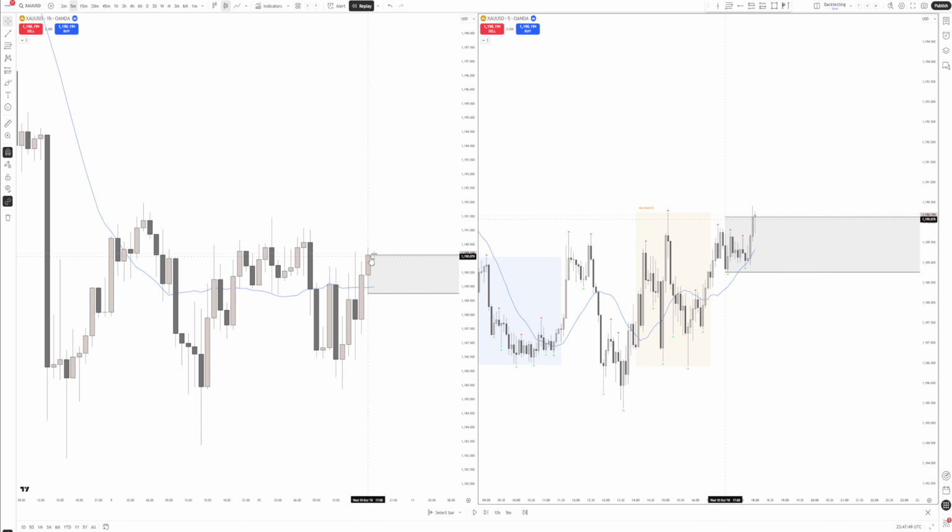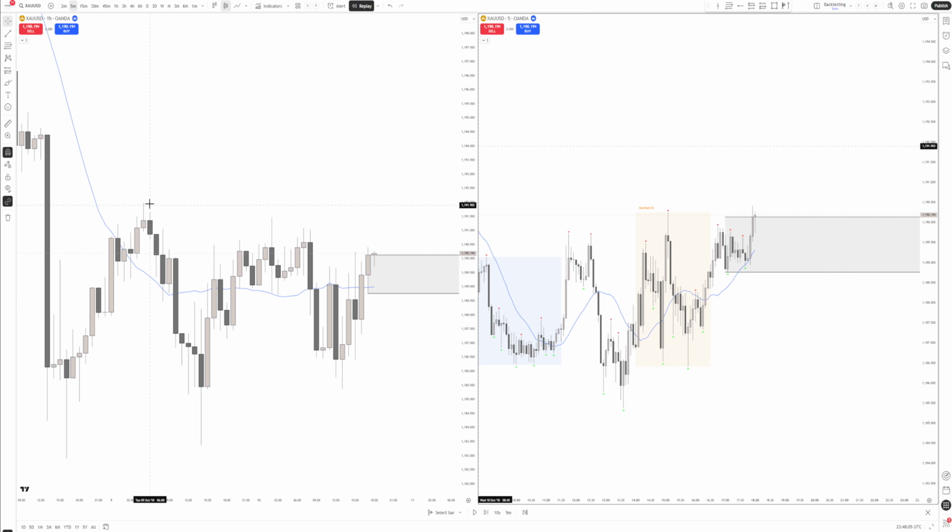You can see, in terms of our bias, we're going to be looking for longs. Simple as that. And because we are above the 20 hourly moving average, we are bullish.